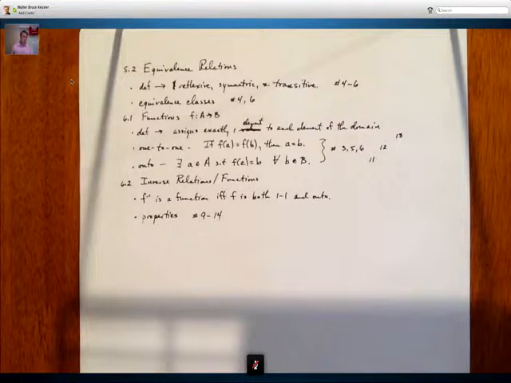So out of 6.1 and 6.2, then probably 2 or 3 problems as well. And I'm looking at probably about 8. Some of them will have pieces, like I'll say, here's a function. A, is this one-to-one? B, is it onto? Something like that maybe. Or like with relation, A, is it reflexive? B, is it symmetric?